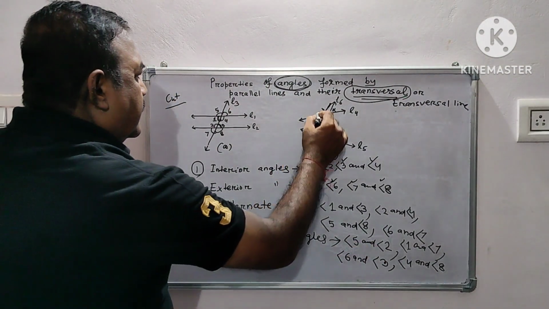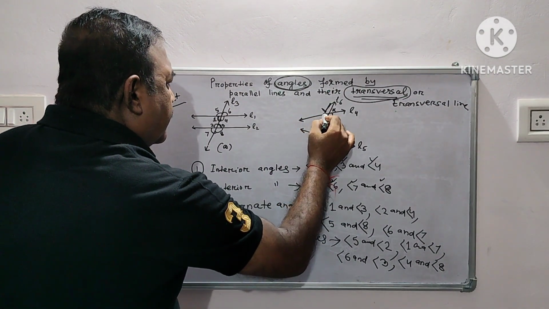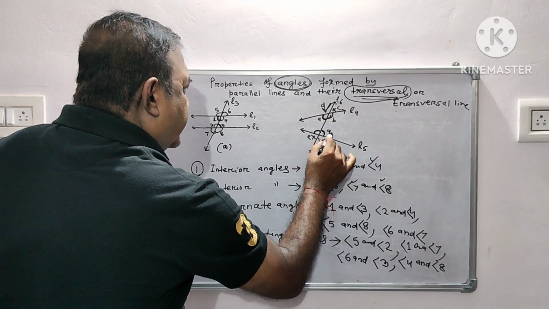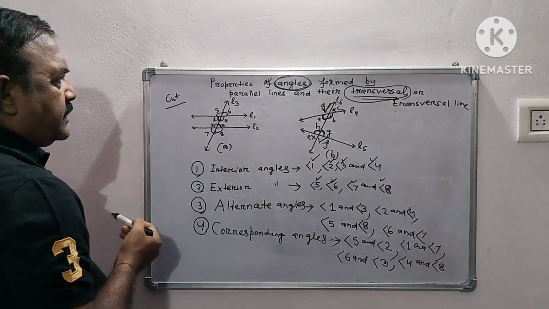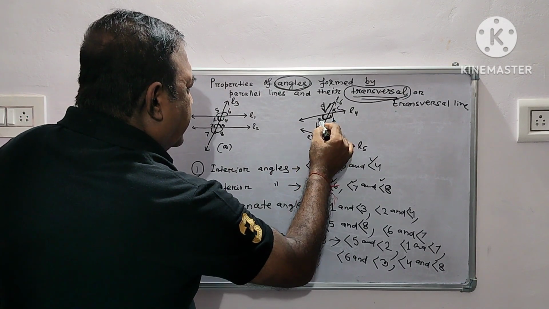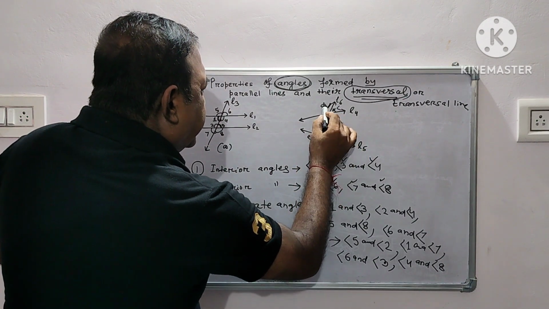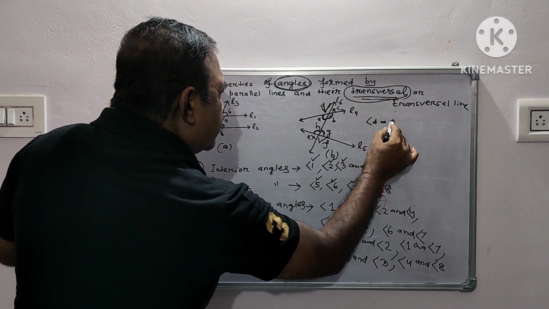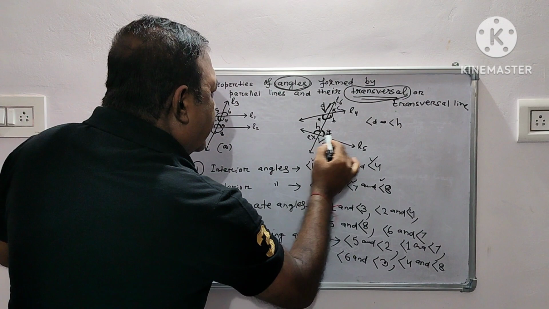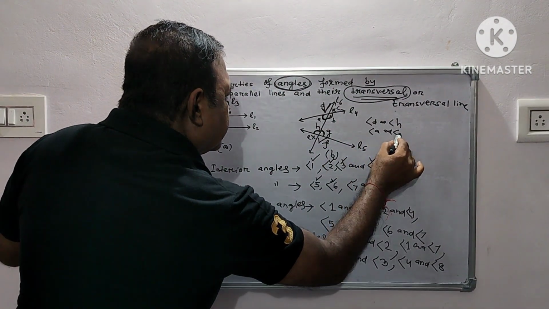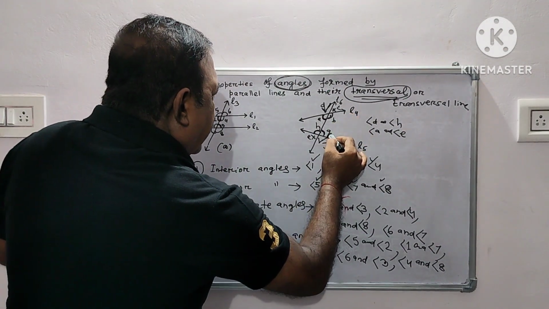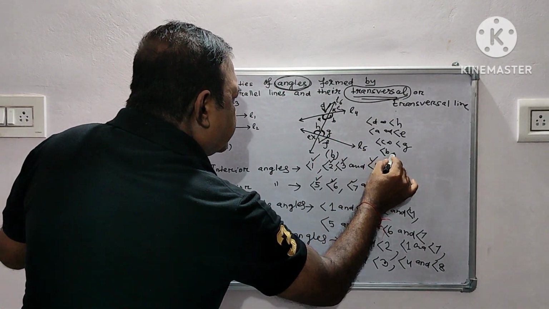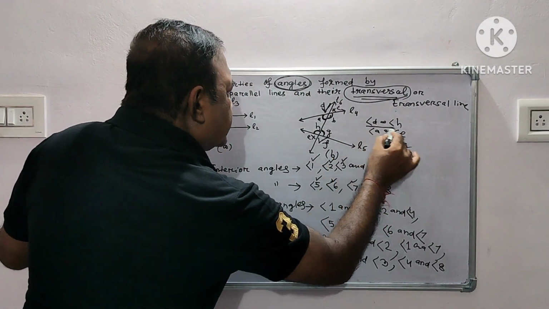And here you see, suppose I write A, B, C, D, E, F, G, H. So if I write the corresponding angles, here it is A, B, C, D, yes, angle D and angle H. Angle A and angle E. Angle C, angle G. Angle B and angle F. Four pairs of corresponding angles.